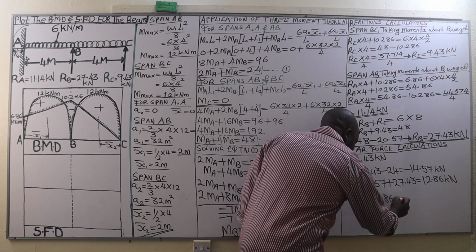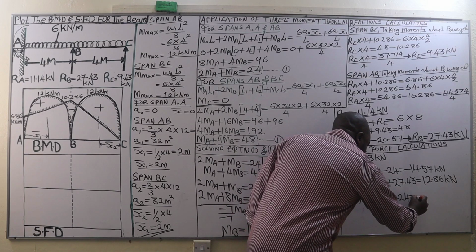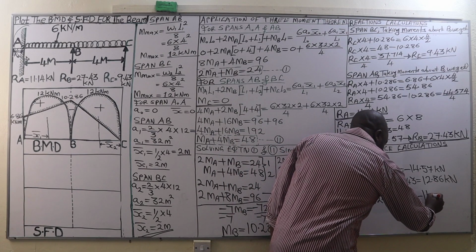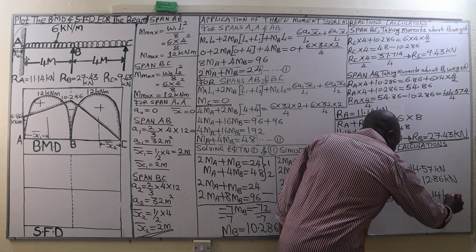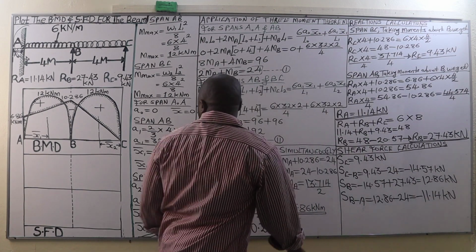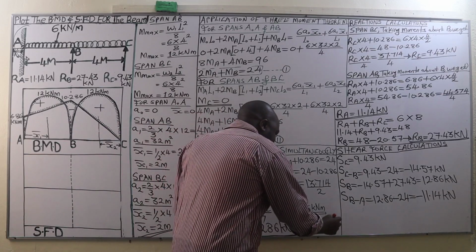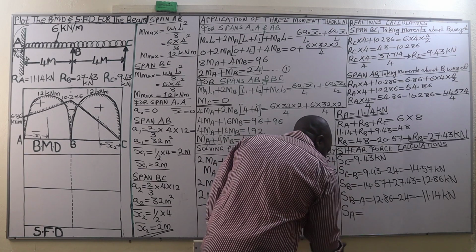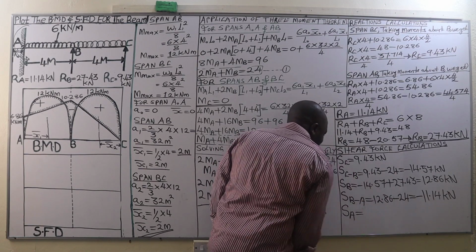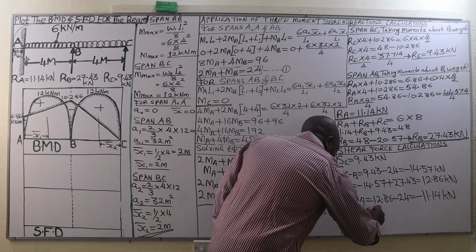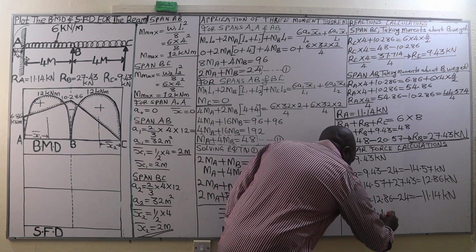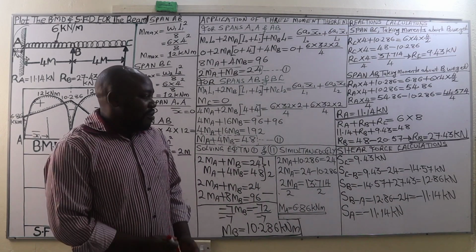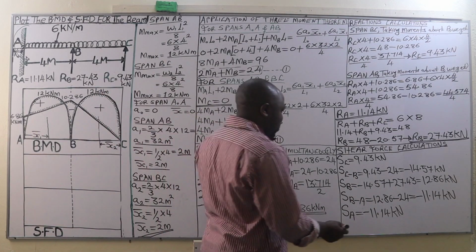Therefore, 12.86 minus 24, and that is going to be negative 11.14 kilonewtons. Then finally, we determine the shear force at A, and the shear force at the fixed end A is going to be equal to the shear force between B and A. Therefore, that is negative 11.14 kilonewtons. And therefore, ladies and gentlemen, we now have all the shear forces.